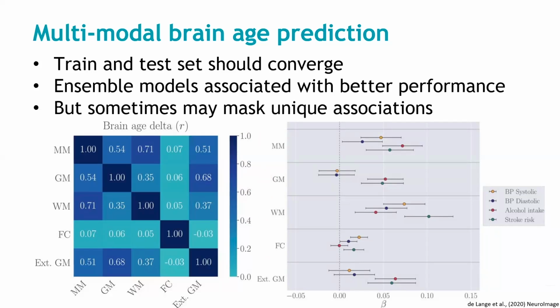And what you can see here is that actually the association with the stroke risk was only that pronounced in terms of the white matter-based model. So that is something that also illustrates that it really depends on your research question, the data that you have available, and to have a look into this and what the model is built of as well.